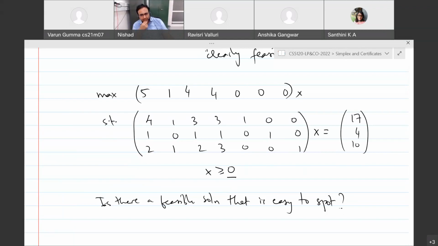Observe the matrix and see if you can use the matrix A to easily spot a feasible solution.